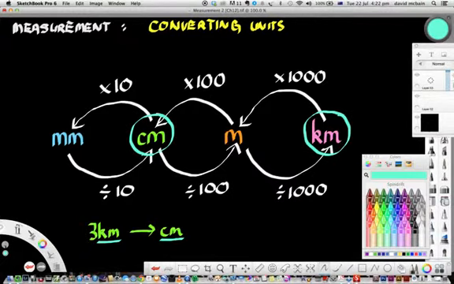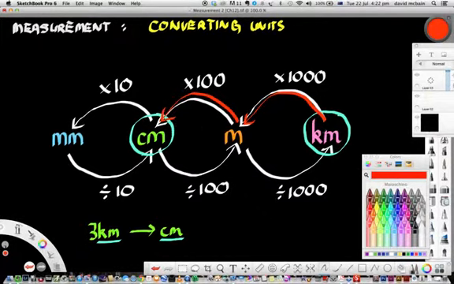We now look at the arrows, and we have to find a way of getting from kilometers to centimeters. Hopefully we can see that we have to go from kilometers along this arrow here, and that'll take us to meters, and then we've got to jump from there to there.